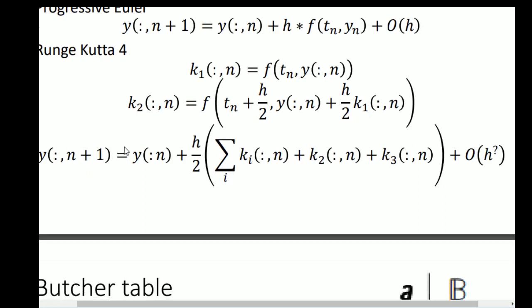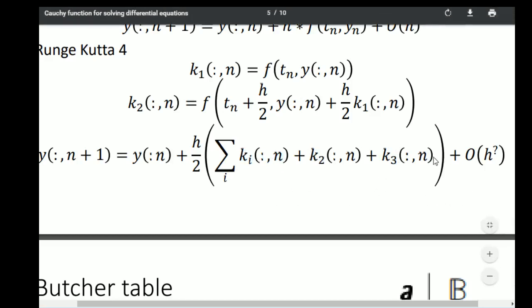And then we will sum them using this formula here. So 1k1 plus 2k2, so one here and one here, plus 2k3 plus k4. And this formula will give an approximation of the derivative, plus O of h to a certain power.